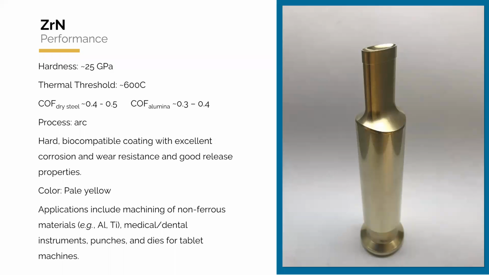It has extremely high corrosion resistance and very good wear resistance. The hardness of this is about 2,500 Vickers, 25 gigapascals, so it's an extremely hard coating. It has this color if you have it fully reacted with nitrogen. And there are many applications besides biocompatibility.